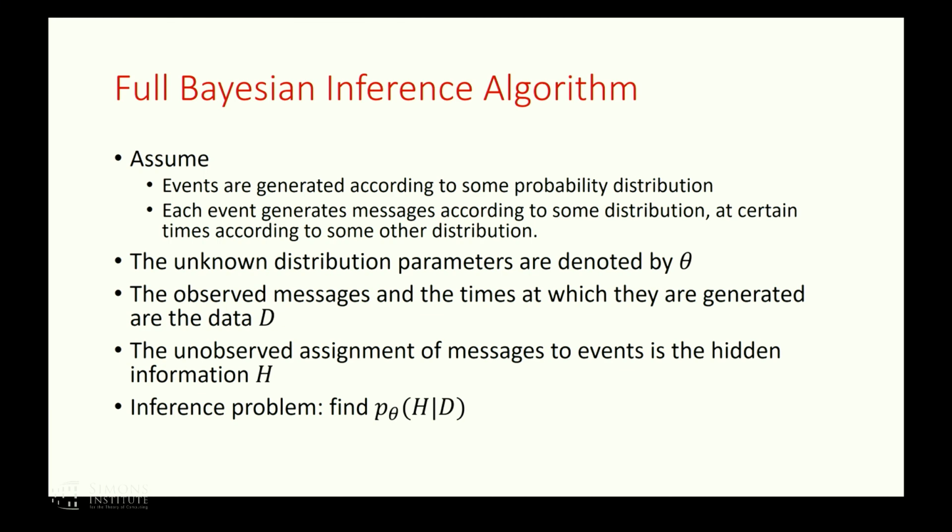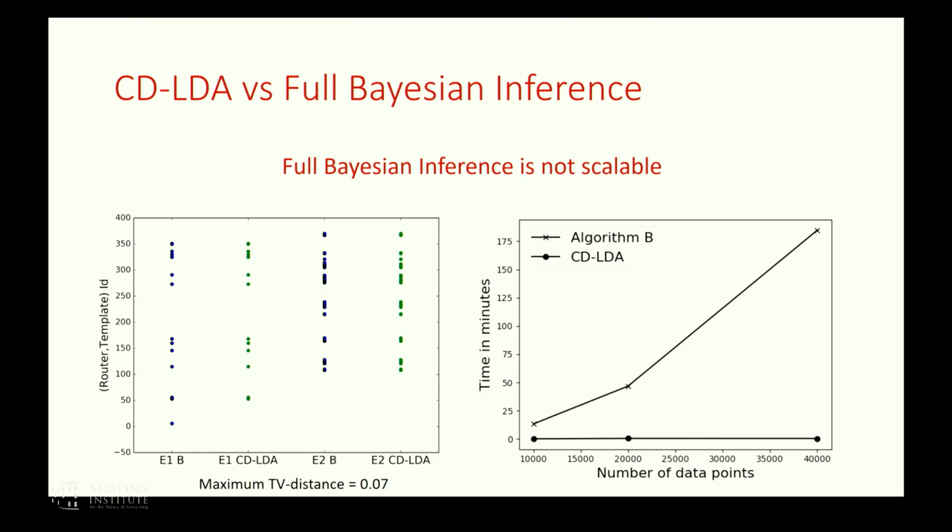Then I can do a maximum likelihood estimation. Our algorithm actually matches it, except that this maximum likelihood estimation just is not scalable. Even for a very small set of messages, we just looked at 40,000 messages, for example, out of this 97 million data set, the amount of time that it takes just grows humongously. It simply doesn't work.